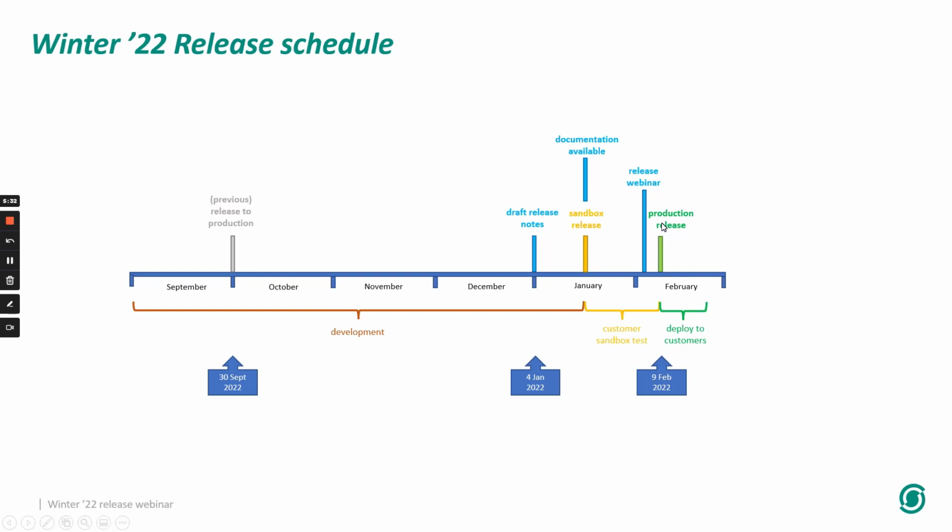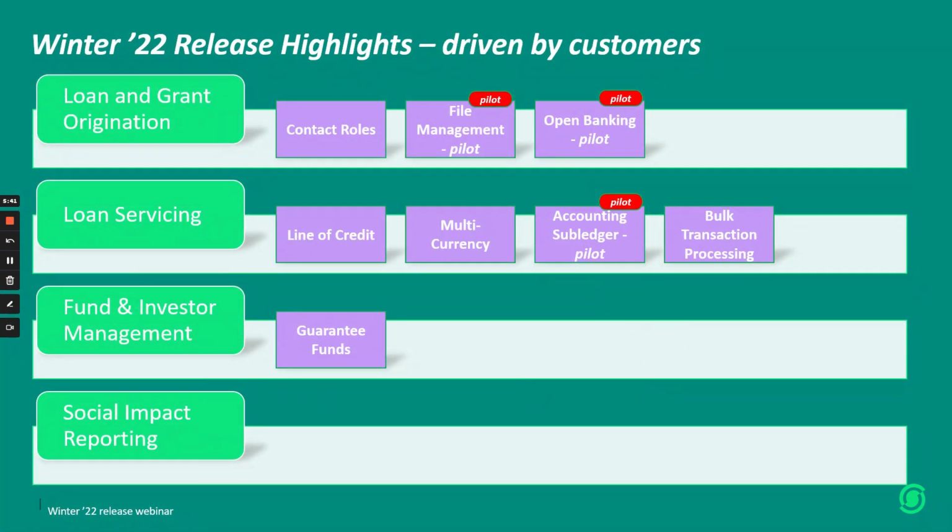So let's get into the content of the Winter 22 release. We've put the main highlights here on this sheet. As you can see, they're organized in 4 main modules: loan and grant origination, loan servicing, fund and investor management, and social impact reporting.